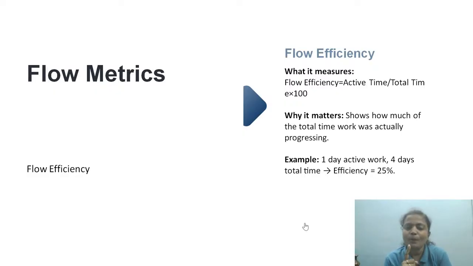This will help you understand the idle time, which is very, very crucial. For 1 day of active work, we invested a total of 4 days. 3 days is the waiting period. Nothing we did as active time. In the total 4 days, only 1 day we actively worked, which means just 25% efficiency, which is really alarming and concerning, right?